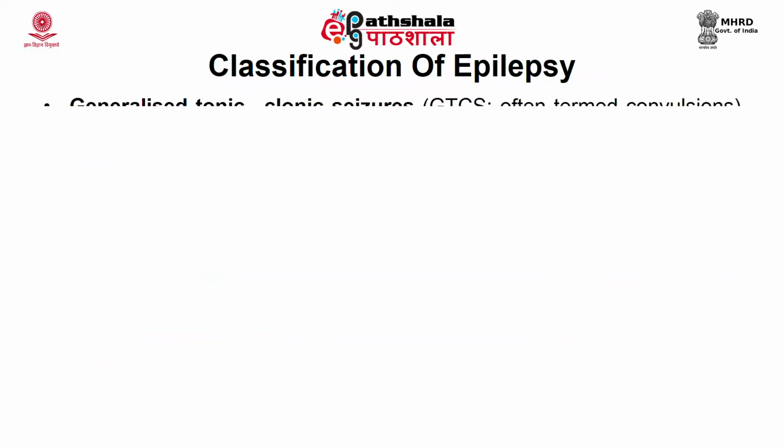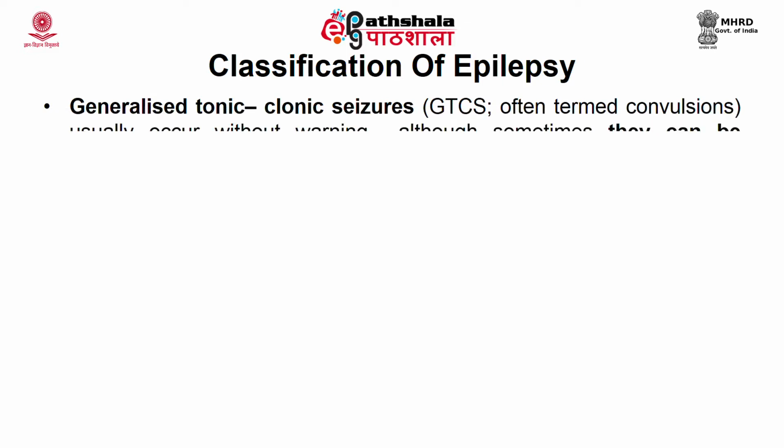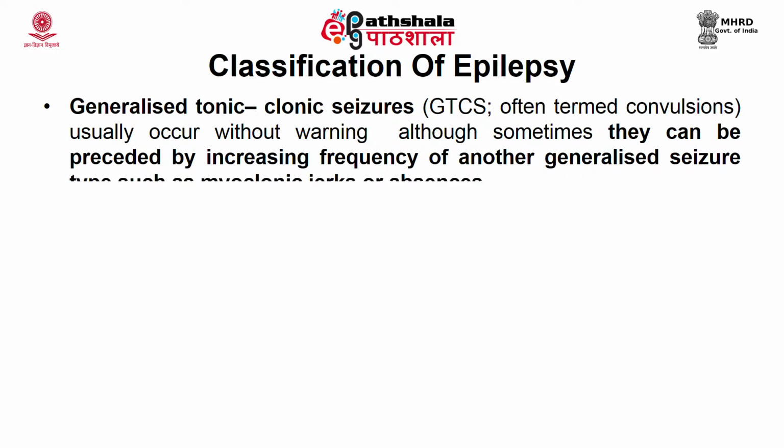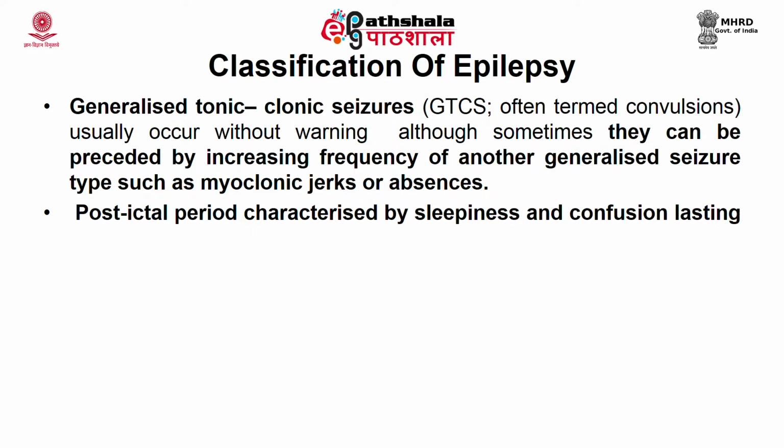The generalized tonic-clonic seizures, referred to as GTCS, usually occur without warning, and they can be preceded by increasing frequency of another generalized seizure type such as myoclonic jerks. The postictal period is characterized by sleepiness and confusion, which may last for 20 minutes.